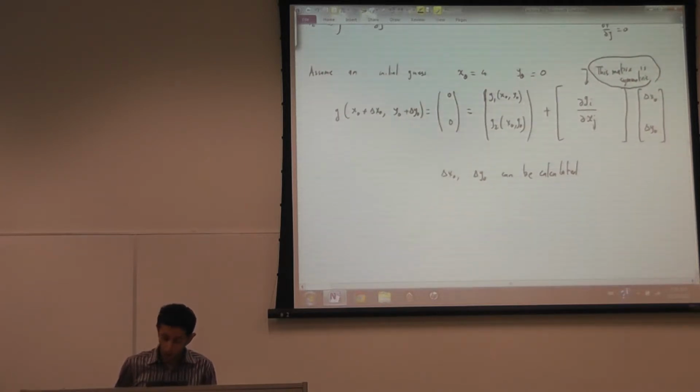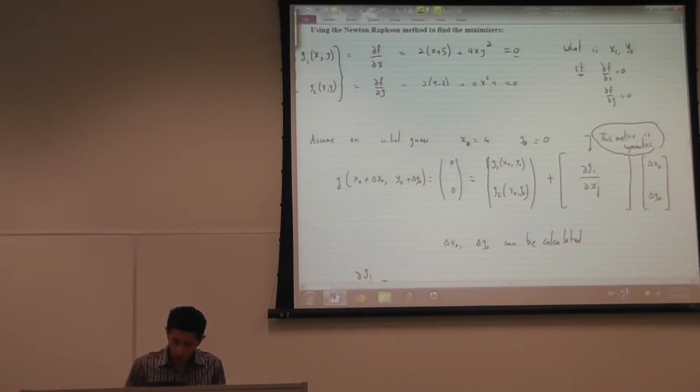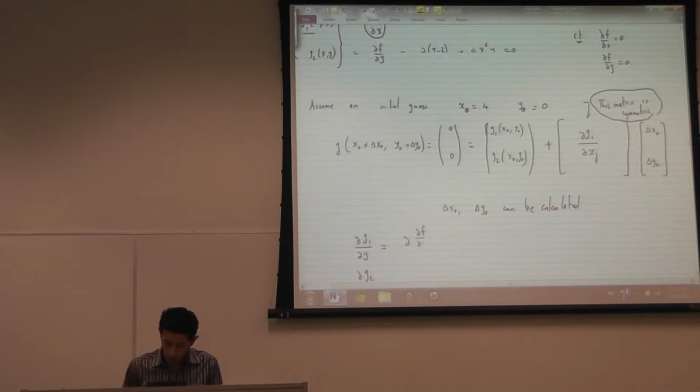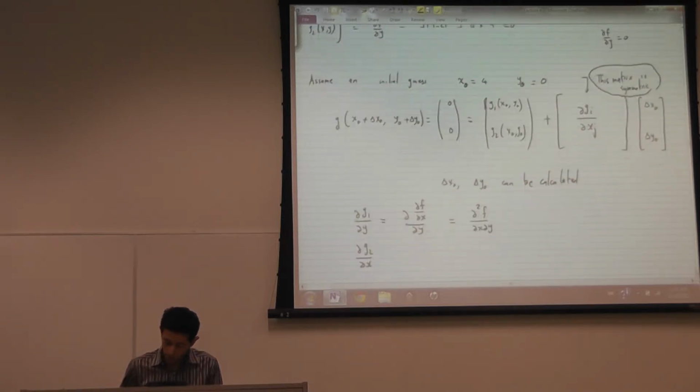Let's look at partial G1 by partial x naught, by partial y naught, partial G1 by partial Y, and let's look at partial G2 by partial X. G1 was partial F by partial X, so this is partial 2F by partial X partial Y. G2 was partial F by partial Y, and taking this with partial X, this is partial 2F by partial X partial Y.